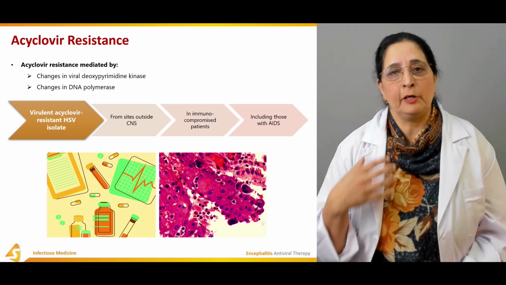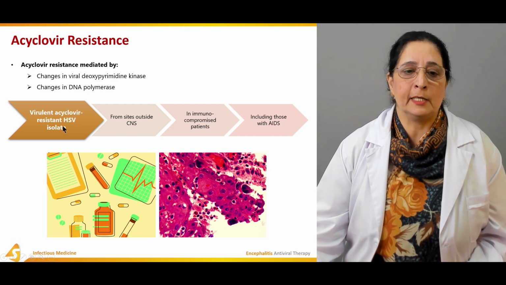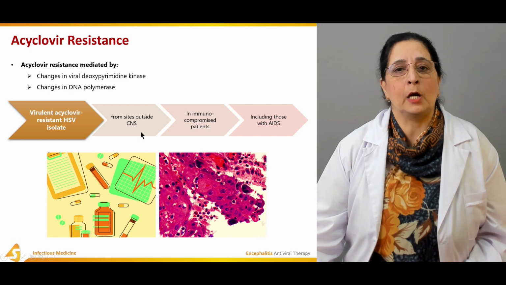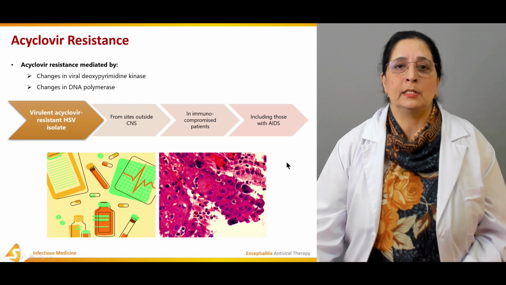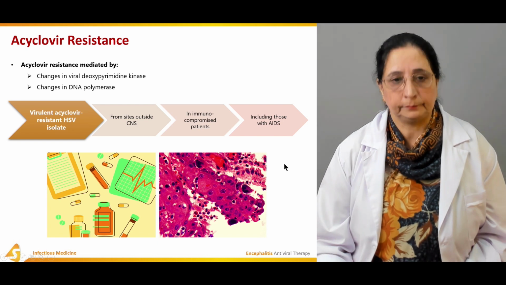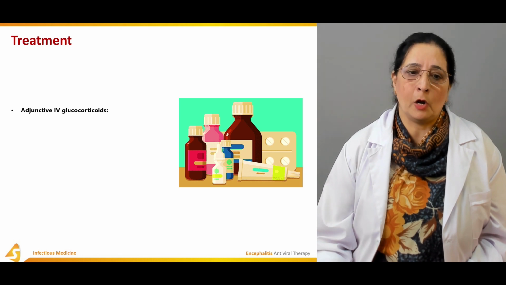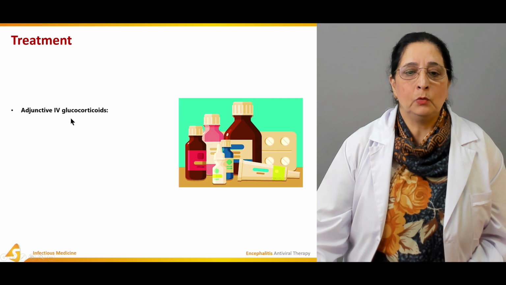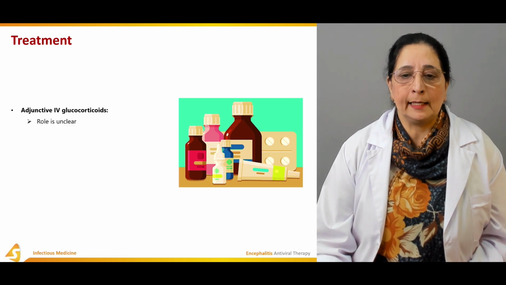They have virulent herpes simplex virus isolates from sites outside the central nervous system. Treatment, again, some other treatment options. We have adjunctive intravenous glucocorticoids that can be used. Role is unclear.